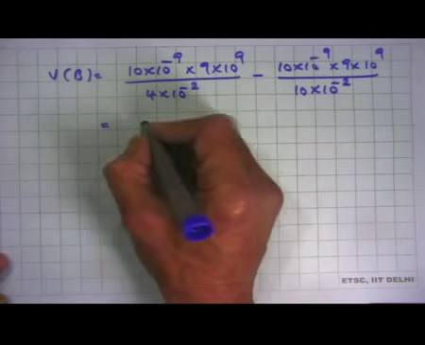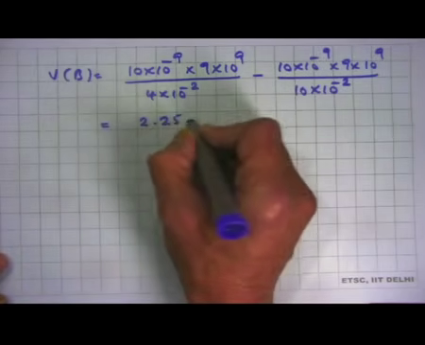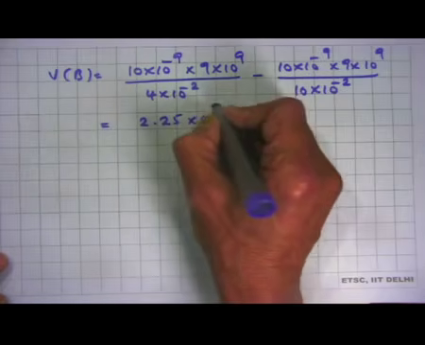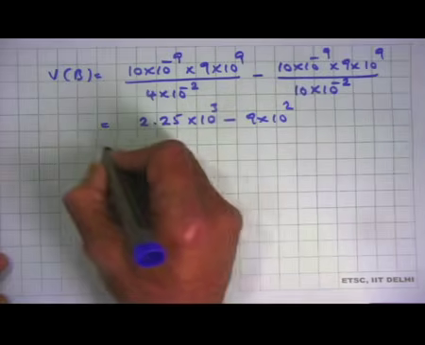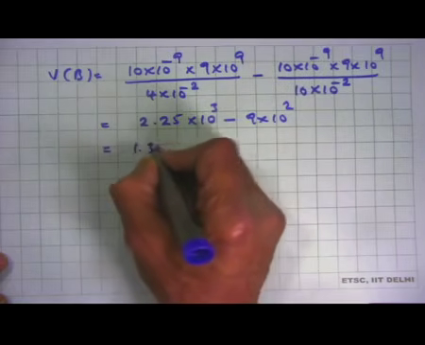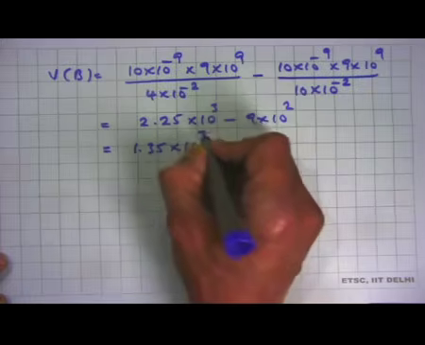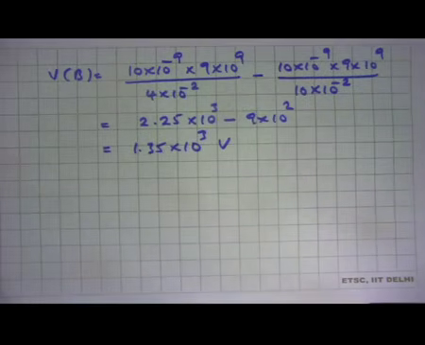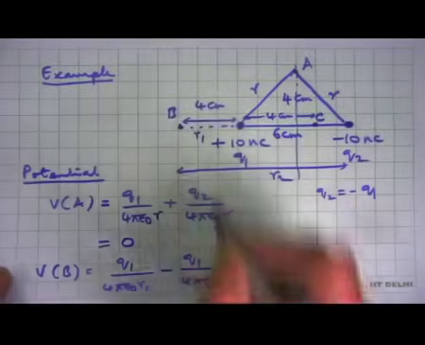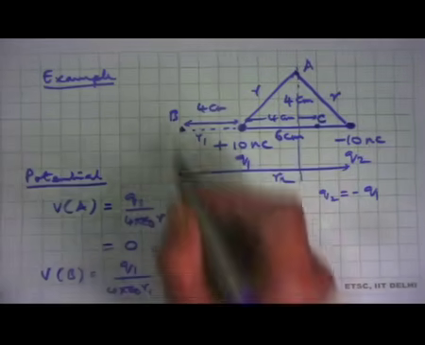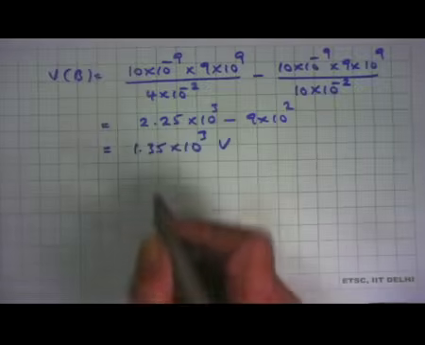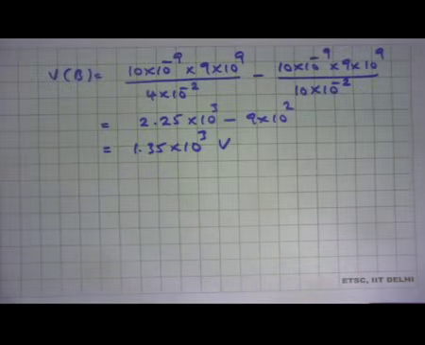So, this comes out to be 2.25 into 10 to the power 3 minus 9 into 10 to the power 2, which is equal to 1.35 into 10 to the power 3 volts. So, that is the potential at this point. So, that is the work done in bringing a unit positive charge from infinity to this point, and that is equal to 1.35 10 to the power 3 volts.